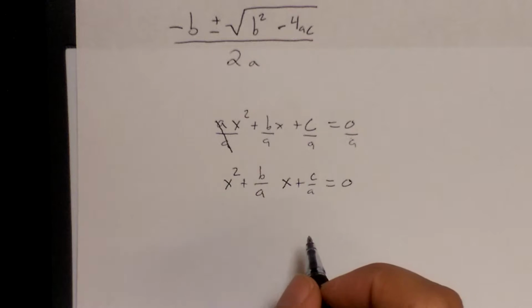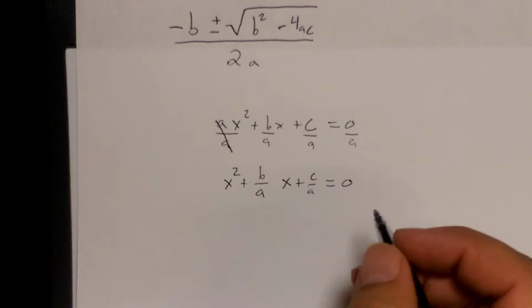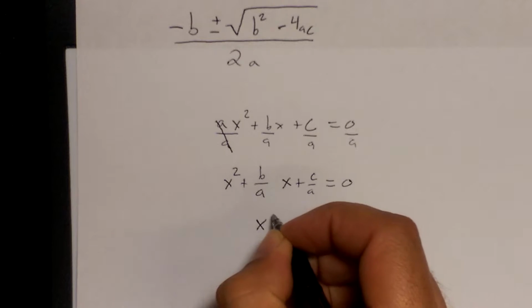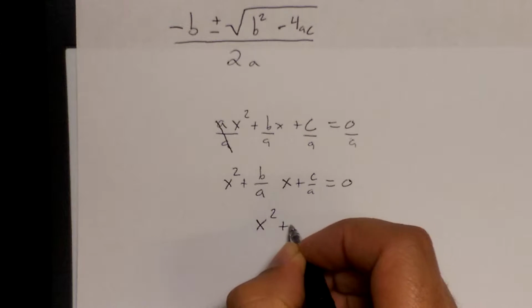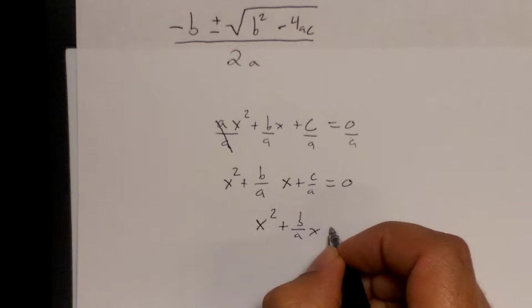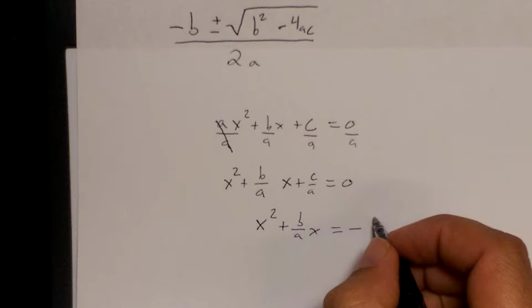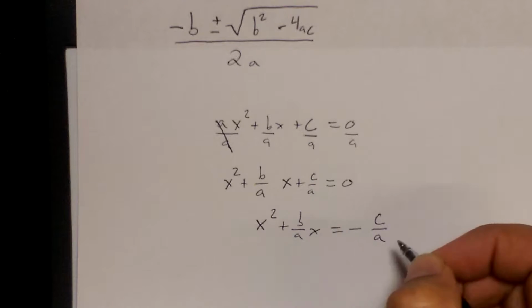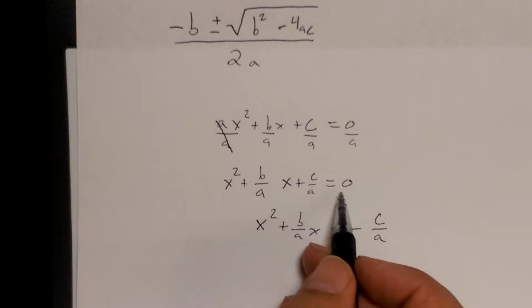So if we want to solve this, we're going to move this c over a to the other side. We'll have x squared plus b divided by a x equals negative c over a. So we had to subtract it from each side.